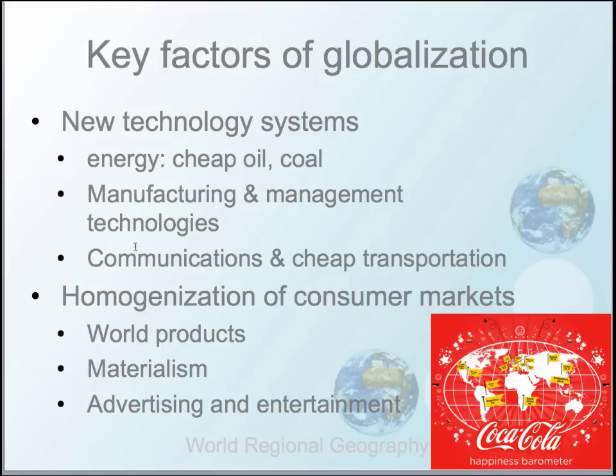So with advancements in communication, it's very easy to manufacture goods in one country, design them in another, sell them in entirely another country, because it's easy to get the designs and then the products themselves back and forth. And this has led to the homogenization of consumer markets throughout the world.